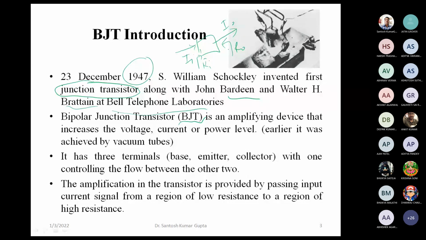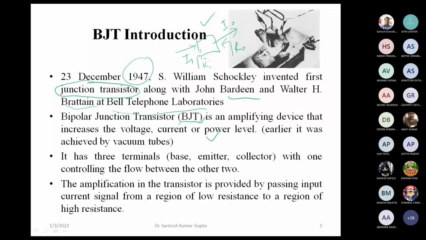Because of this ability, we see the amplifying ability of this device. In general, this device can amplify the current, it can amplify the voltage, and it can even amplify both together, so that we have increased power levels at the output.